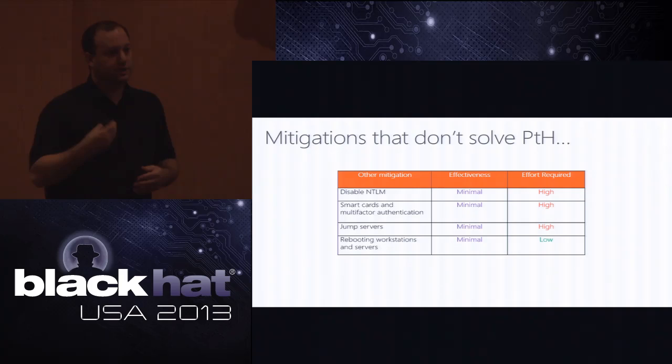Now, some of them, like RSA tokens, can turn out and such, but fundamentally you are exposing to that lower trust machine that's jumping up to the higher RDP server the credentials that allow you to authenticate. So they are not a magical solution by themselves. And then, of course, rebooting workstations and servers after you use them doesn't hurt, but the credentials are still exposed at the point of entry and during the session. So they don't magically solve the problem by themselves.